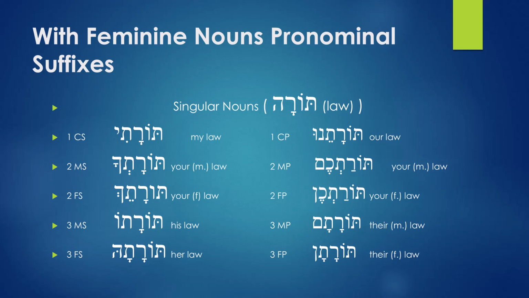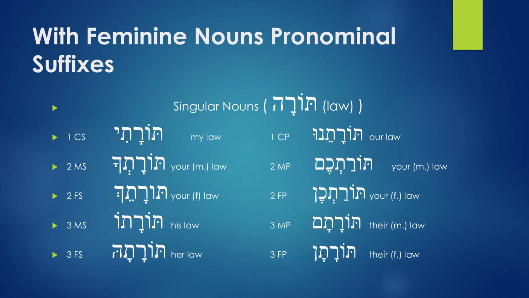Toratam means their law. Am is for third person masculine plural. It means their, in the masculine. In the feminine, third person feminine plural, you have Toratan. It means their law. This is type 1. Remember, type 1 is on a singular noun.